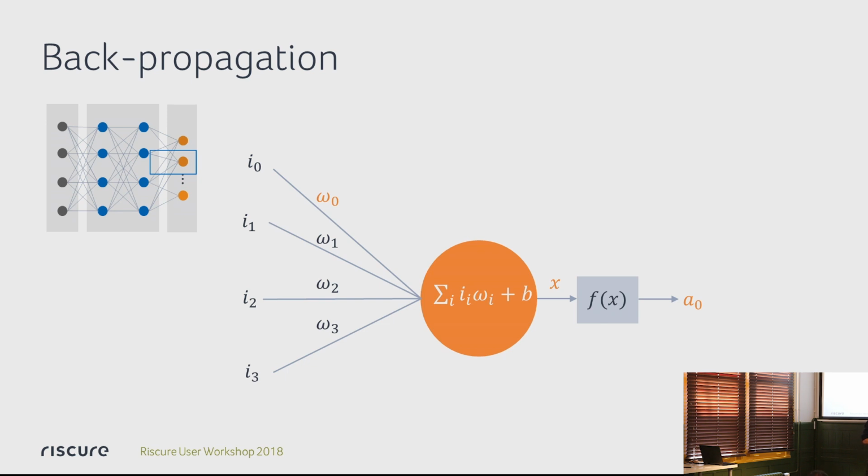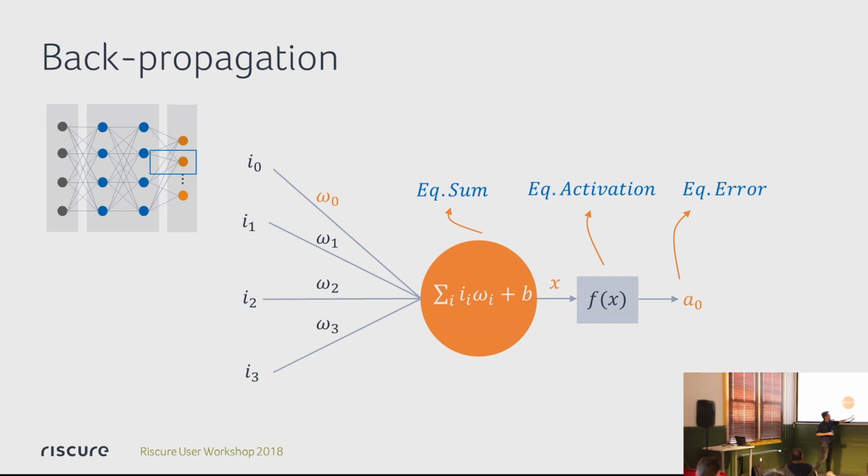This output value will pass through an activation function, and the result of the activation function will be the activation of the neuron. So we have basically three equations for one single neuron. We have the equation of the error, which takes this output value and sees how wrong or how correct it is. And we have the equation of the activation itself, which can be defined differently.